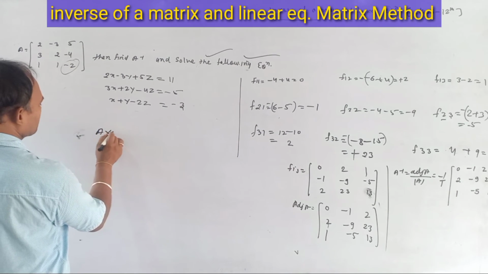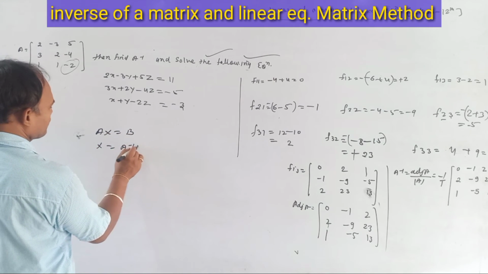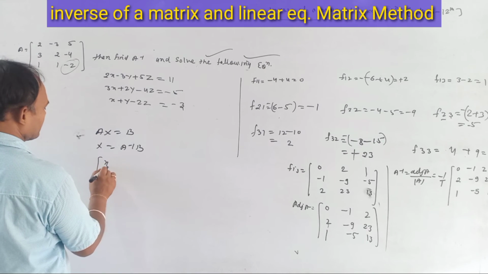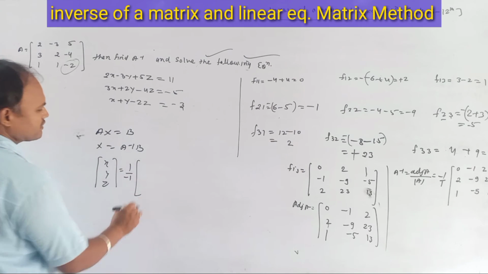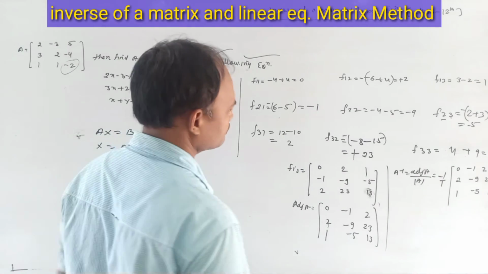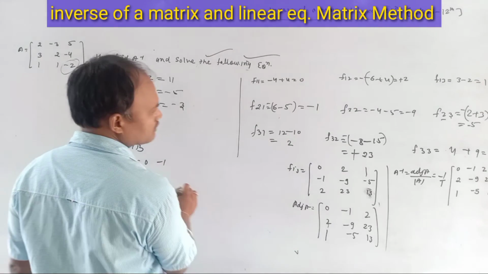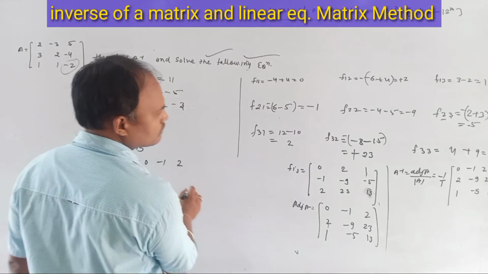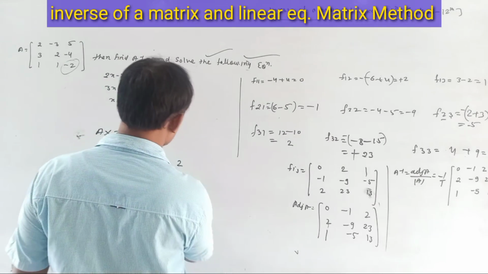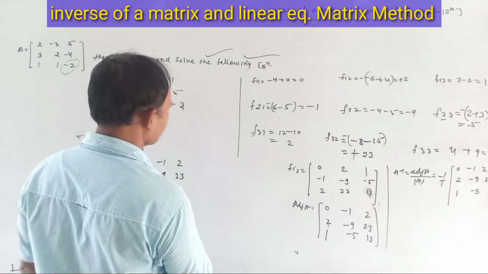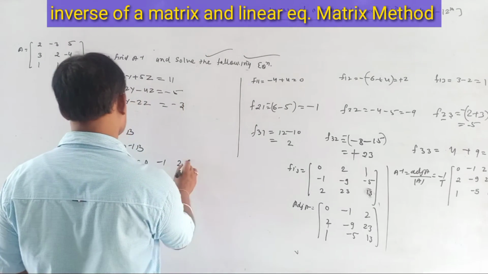And Ax equals B, so x equals A inverse B. x means x, y, z, and A inverse means 1 upon minus 1 times the matrix 0, minus 1, 2, 2, minus 9, 23, and 1, minus 5, and 13.